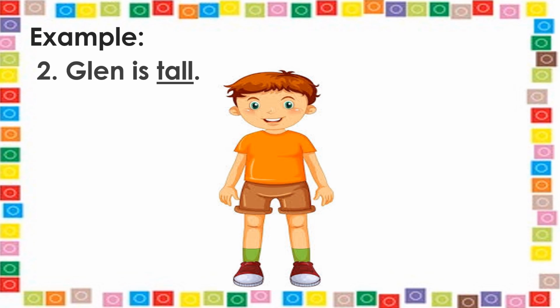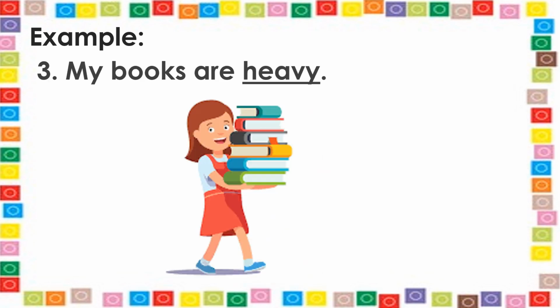The underlined word tall refers to only one subject, which is Glenn. As for our last example, can you read it with me? Great! My books are heavy. The underlined word heavy refers to only one subject, which are her books.